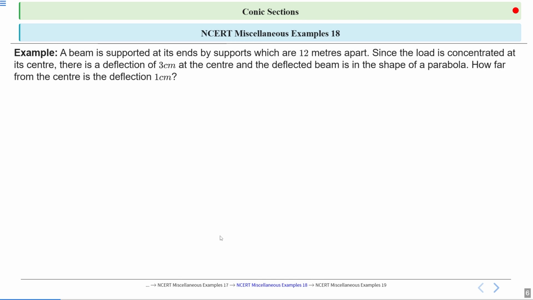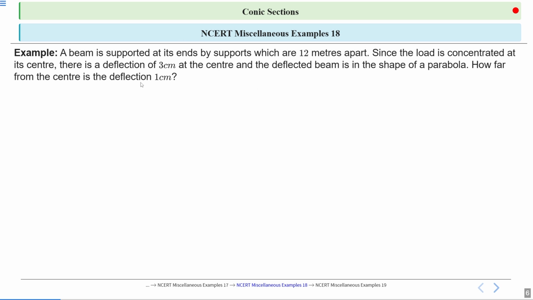In this example, we have a beam supported at its ends by supports which are 12 meters apart. Since the load is concentrated at its center, there is a deflection of 3 centimeter at the center and the deflected beam is in the shape of a parabola.